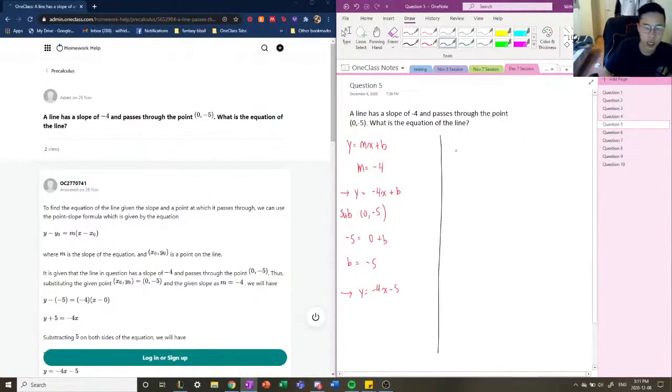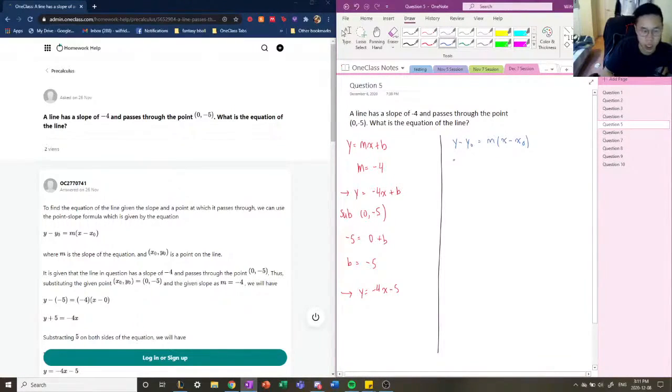The second method is by using the point slope formula, which is y minus y naught equals the slope times x minus x naught, where (x naught, y naught) is the point that we know of.